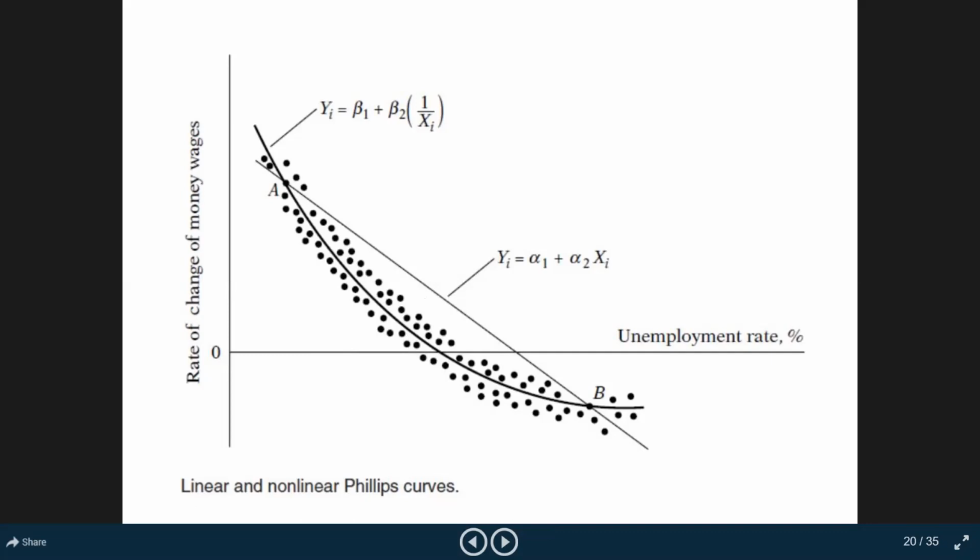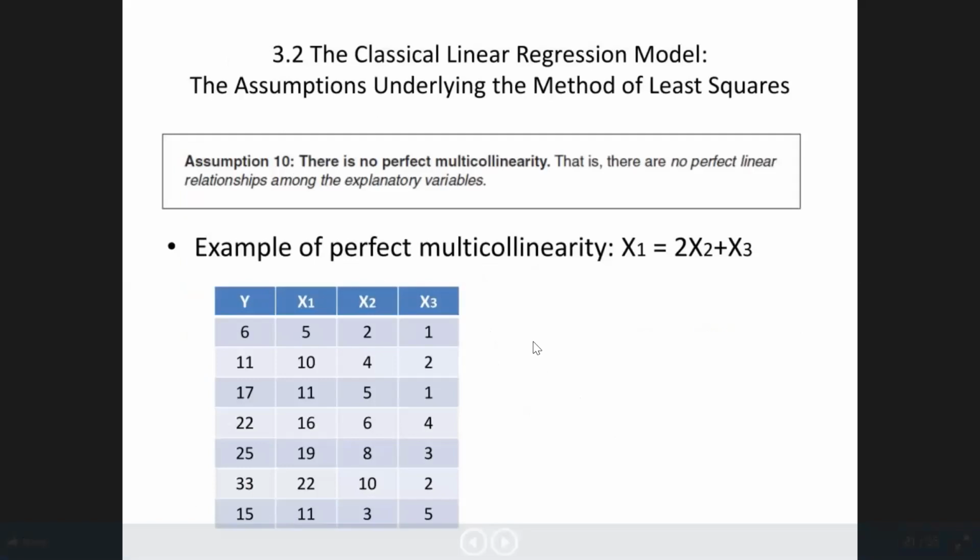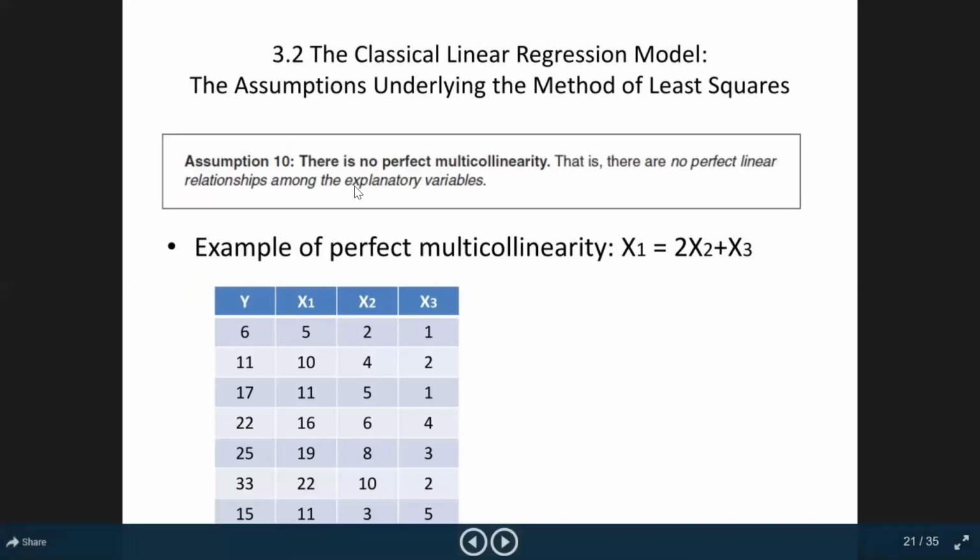Okay, next. Here is an example of what multicollinearity is, and this is our assumption 10, that there will be no perfect multicollinearity. That is, there is no perfect linear relationship among the explanatory variables. By explanatory variables, we mean the independent variables.